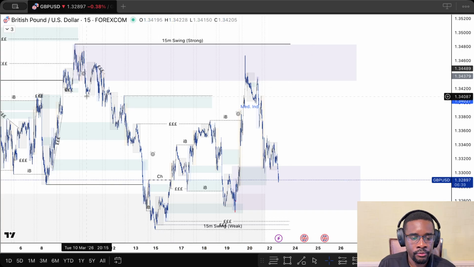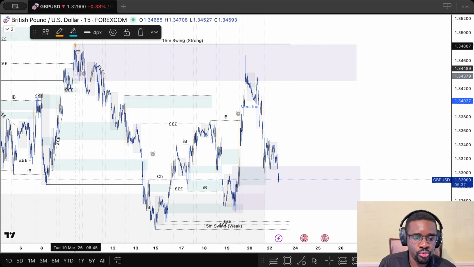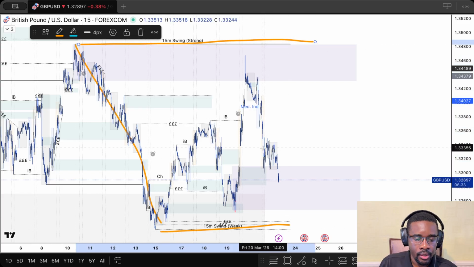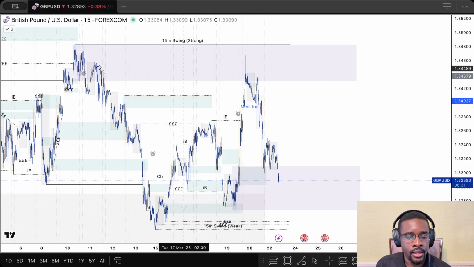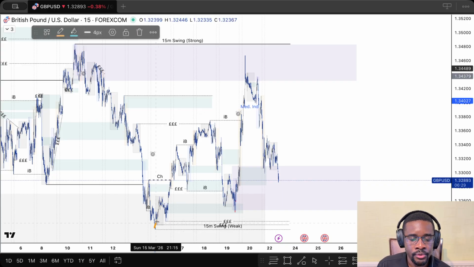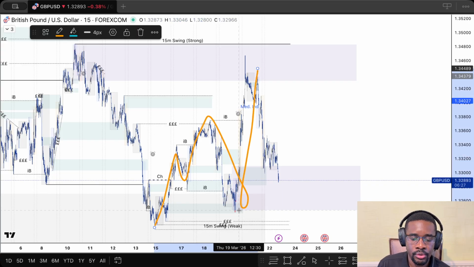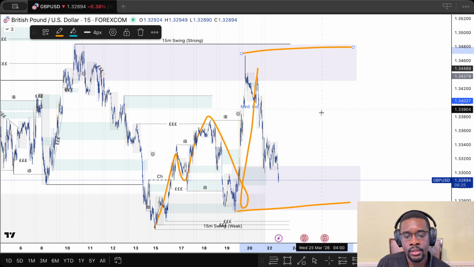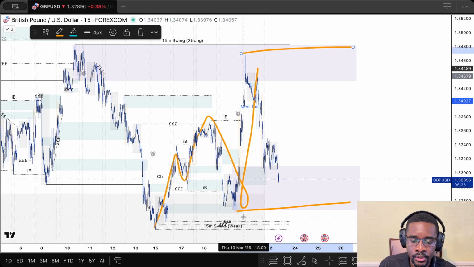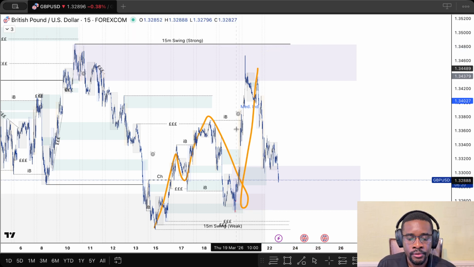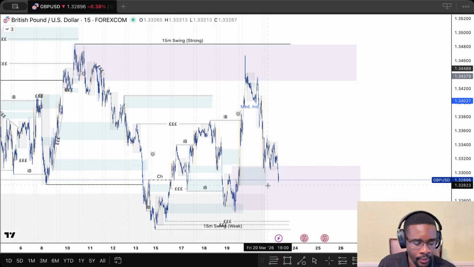So this is our 15-minute swing range. This is what we use to determine our intraday trading decisions. Currently it's bullish. So this was the last internal high, internal low, internal high within this 15-minute area.